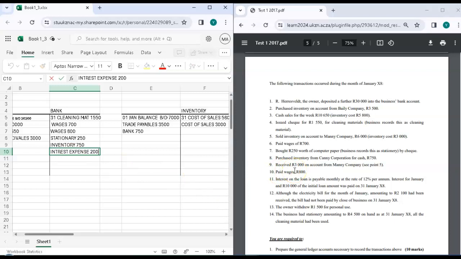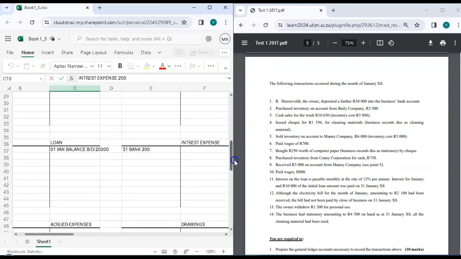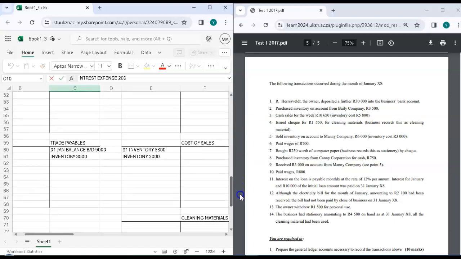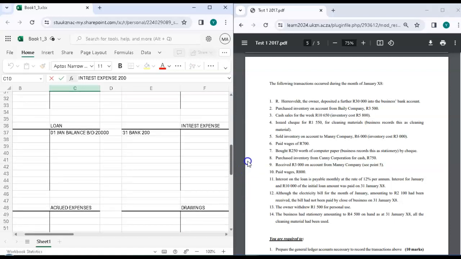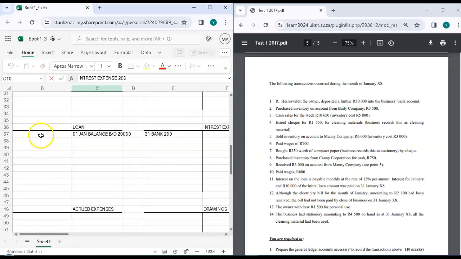Now the repayment of loan. So think about it. When you repay part of the loan, it goes down. So you debit loan and credit bank. You've got a separate account for loan. So you can say debit loan because the loan is decreasing, right?